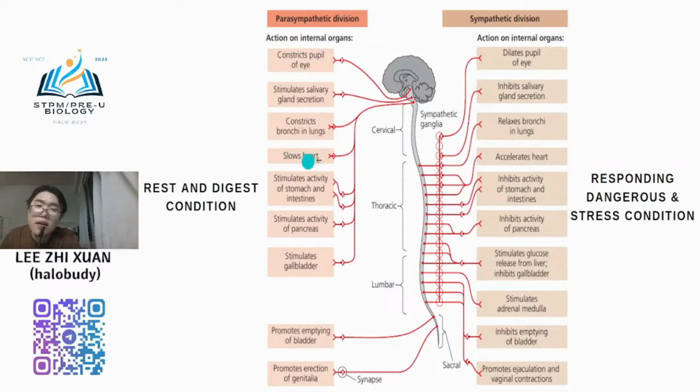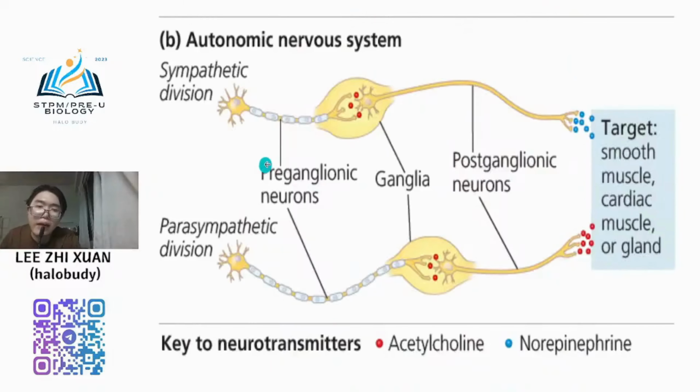So you see here, for parasympathetic, you know that when the nervous system releases the neurotransmitter we call acetylcholine, it will slow down the heart, right?